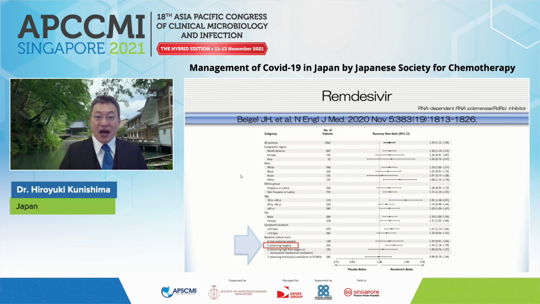Remdesivir is an RNA polymerase inhibitor originally developed for Ebola hemorrhagic fever. It was previously reported that remdesivir may be effective in non-severe COVID-19 patients on supplemental oxygen therapy.